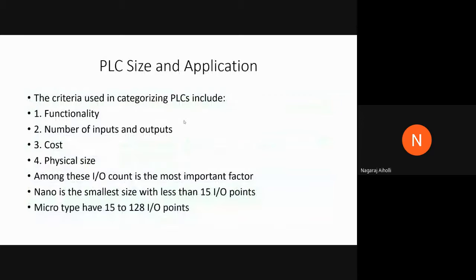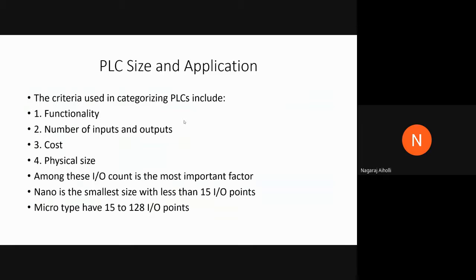Then regarding the size and applications, we have seen the different criteria for choosing PLCs. It may be based on their functions, or on the number of inputs, outputs, cost, or their physical size. Among all these, the input output count is the most important factor, because that is where we are applying the input.